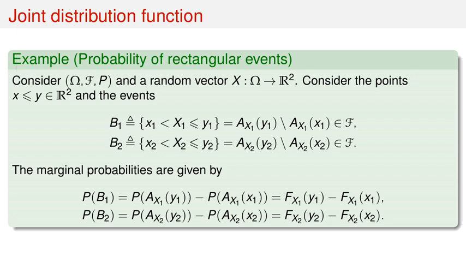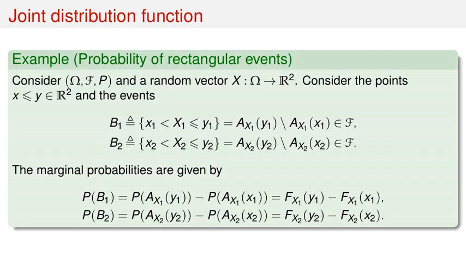Let B sub 1 be the event x sub 1 less than X sub 1 less than or equal to y sub 1, which is A sub X sub 1 of y sub 1 minus A sub X sub 1 of x sub 1. Let B sub 2 be the event x sub 2 less than X sub 2 less than or equal to y sub 2, which is A sub X sub 2 of y sub 2 minus A sub X sub 2 of x sub 2.